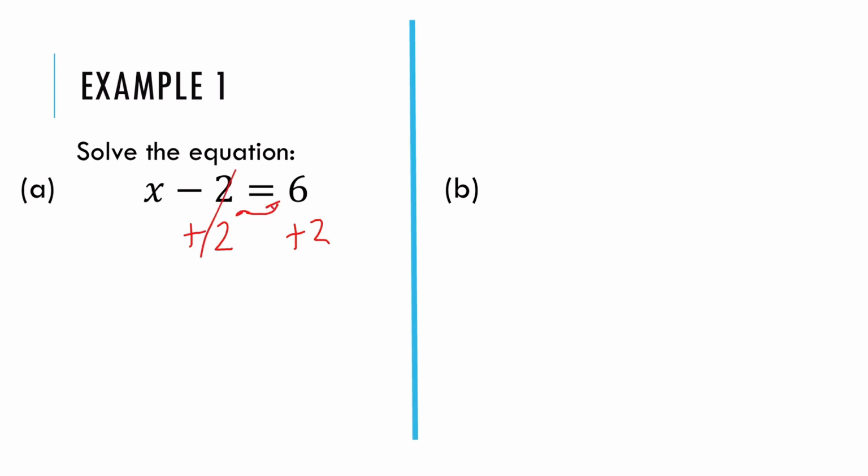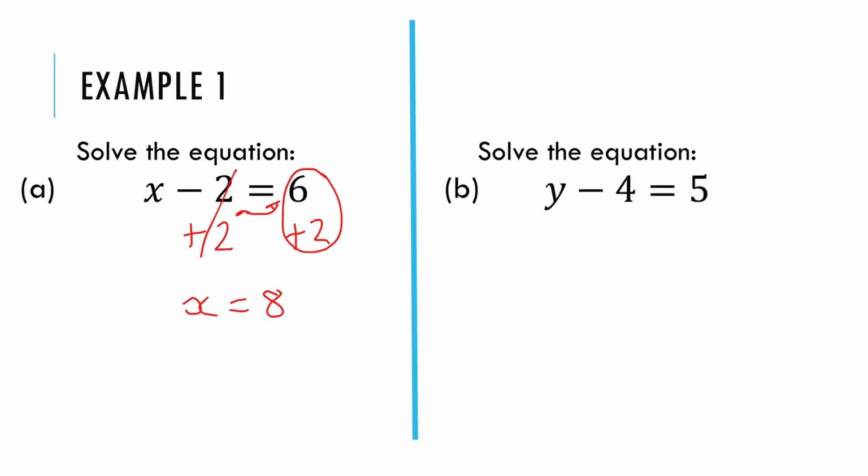So minus 2 plus 2 gives me 0, so all I'm left with is x equals, and on this side I've got to do 6 plus 2, which gives me 8. Does that make sense? Yes, because 8 take away 2 is 6. In example B, solving the equation, we would like y on the left-hand side by itself. The issue is there is a take away 4 on the same side as the y.